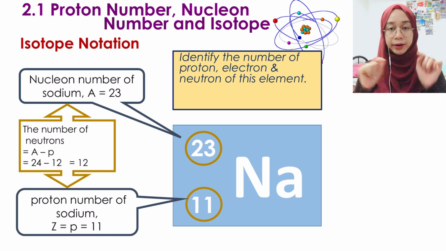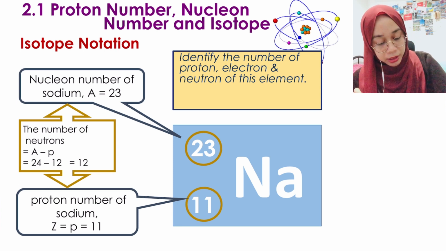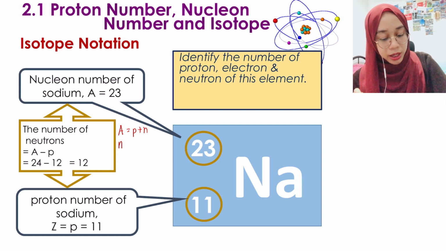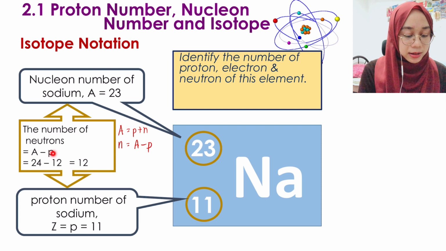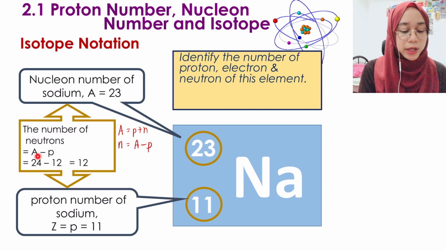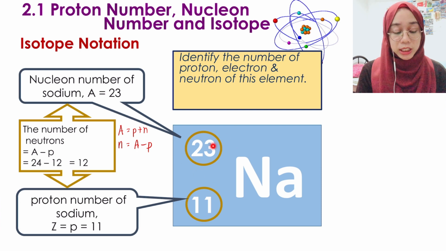So if you rearrange the formula, if A equals P plus N, it means N equals A minus P. So here, A minus P. We know that A is 23 from the isotope notation earlier, and we also know P is equal to 11. So 24 minus 12, oh, so clever.